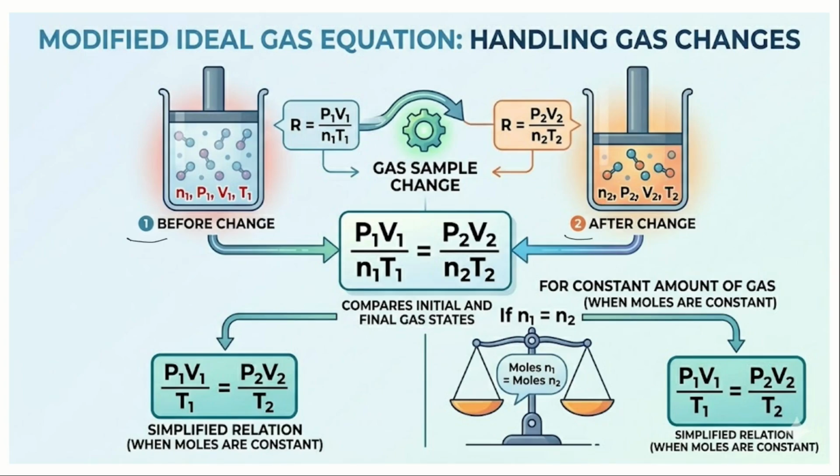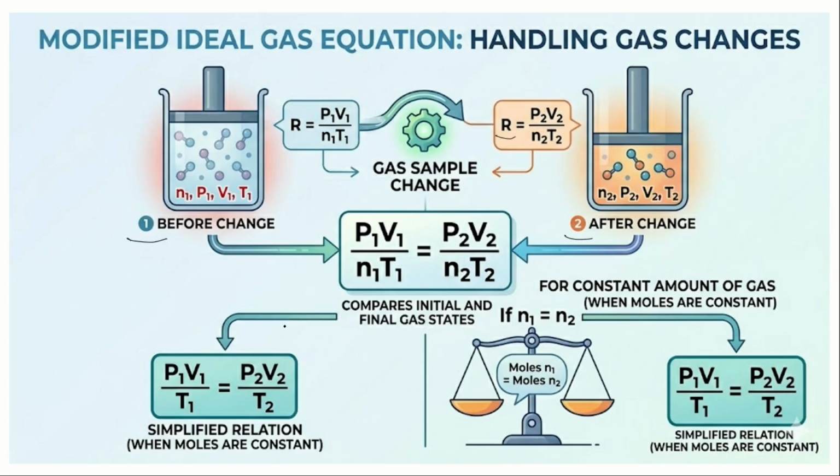So changing all these parameters is represented by the subscript number 2 that I told you. Since R never changes, again, the new conditions must still equal that same constant. So again, you can write the equation of the ideal gas for this condition as well.